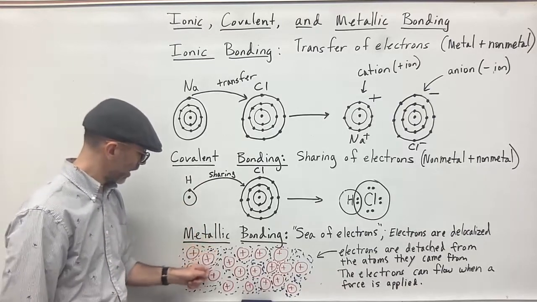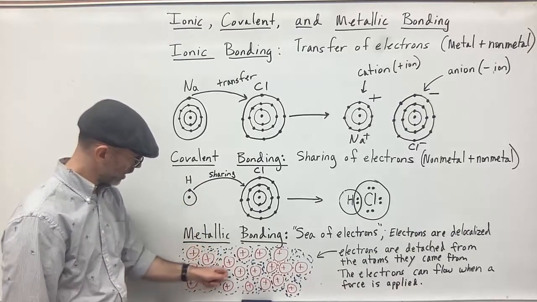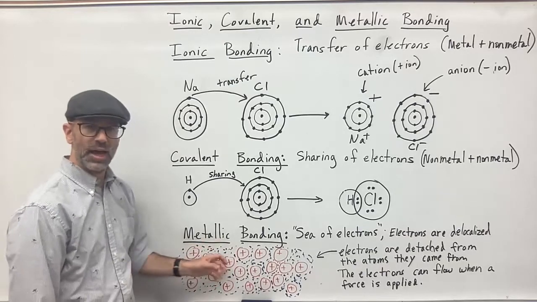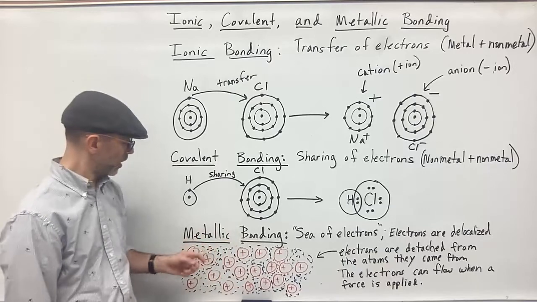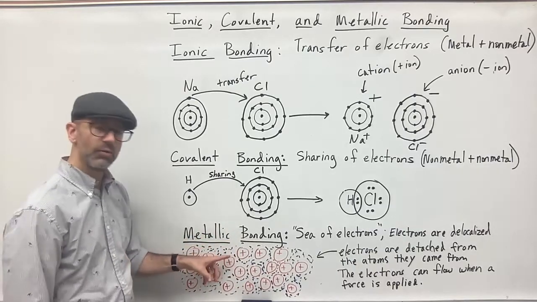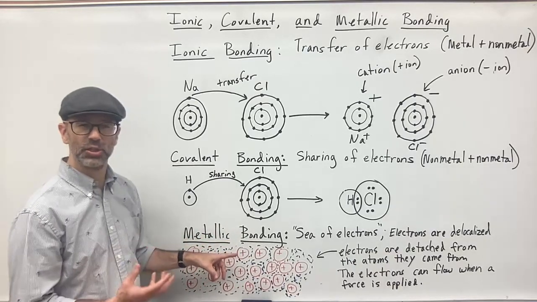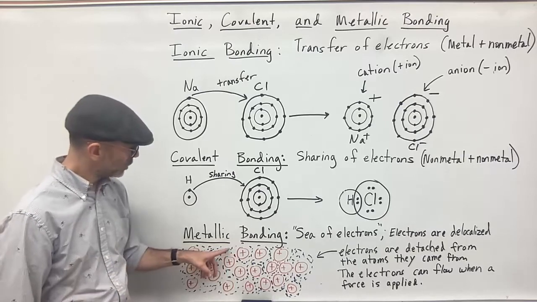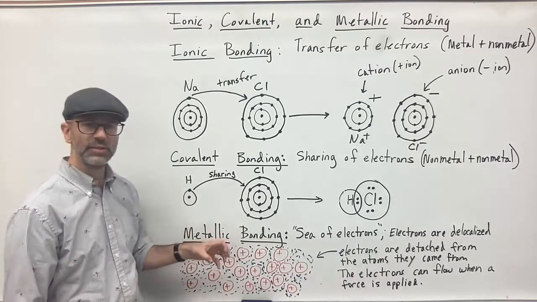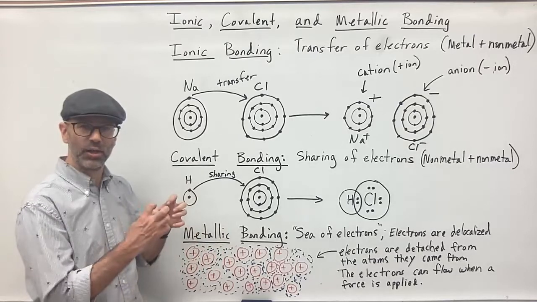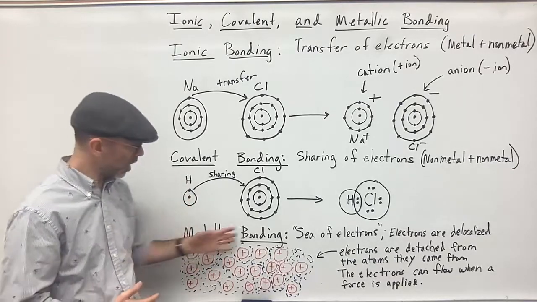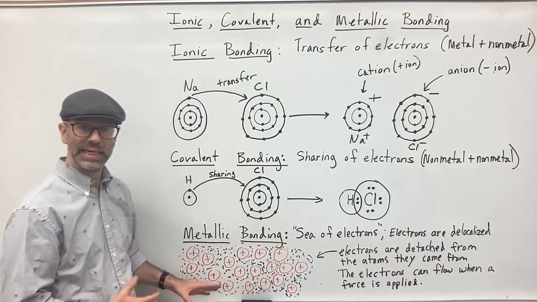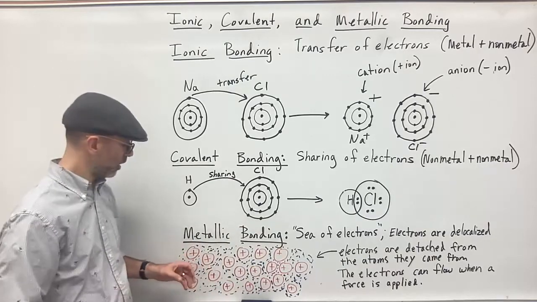But you'll notice that the electrons in blue here are dots, and these electrons are delocalized from the atom. We're looking in particular at the valence electrons, and those valence electrons are no longer held to the atom itself. They can be shared amongst all of the atoms in the metal.